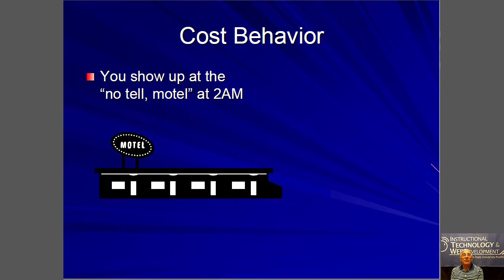A better decision for the motel owner, or the better price information the motel owner should have left for the clerk, was: the marginal cost for me to rent the room is $19. If you can get anything above $19, go ahead and rent the room.